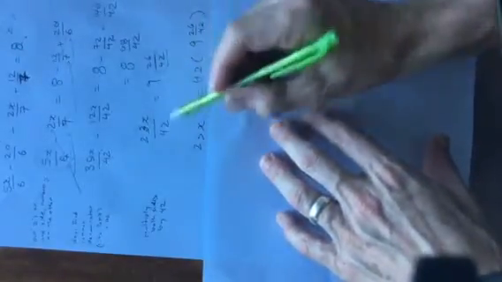And then what I want to do is multiply both sides by 42, because simplifying everything to 42 has served its purpose. We can't do anything with 42s at the bottom of everything.